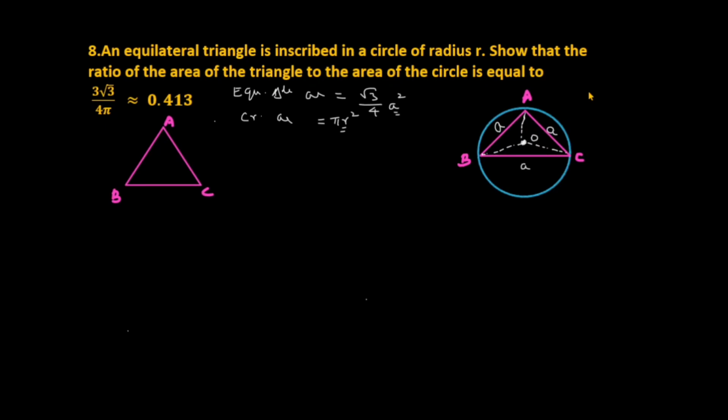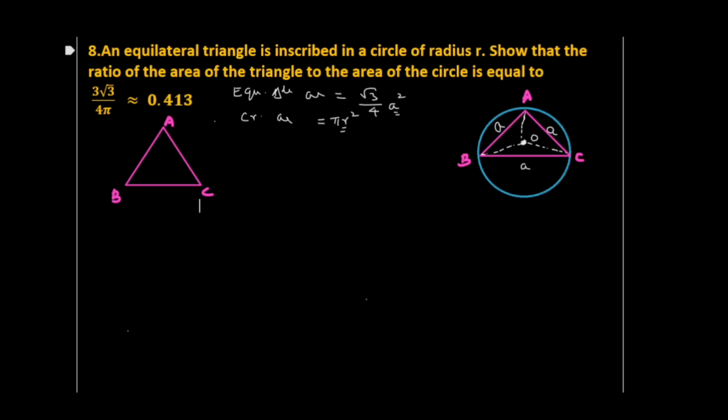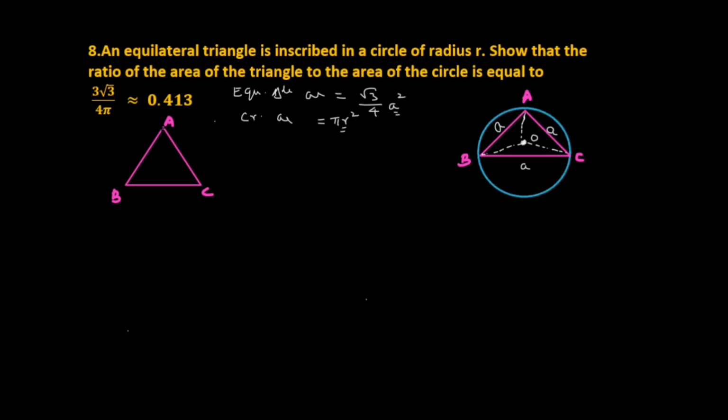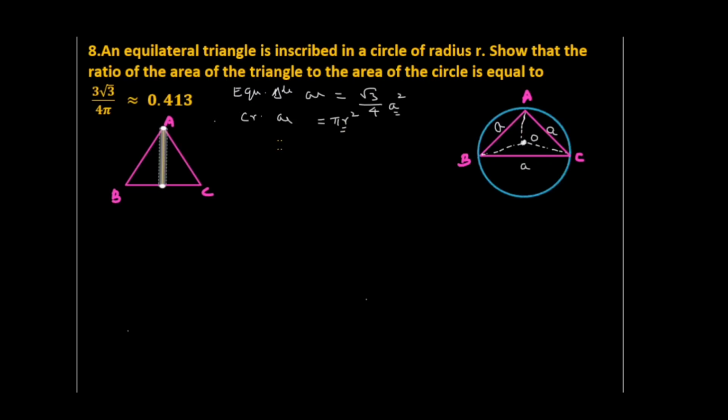In an equilateral triangle, if we drop a perpendicular line from A to BC, that is the height of the triangle. If I name this point D, AD is the height of the triangle.